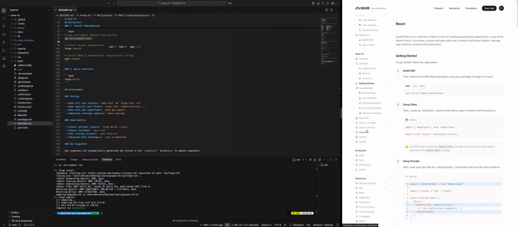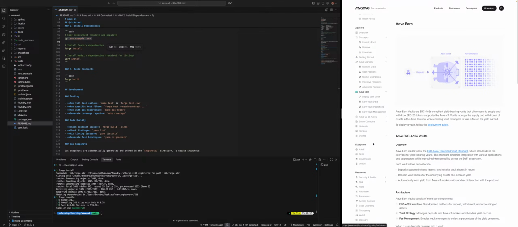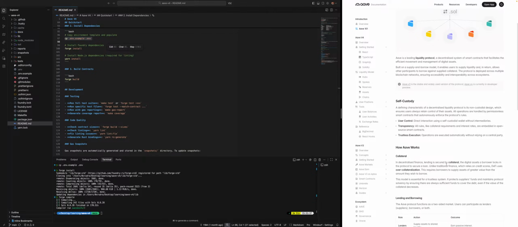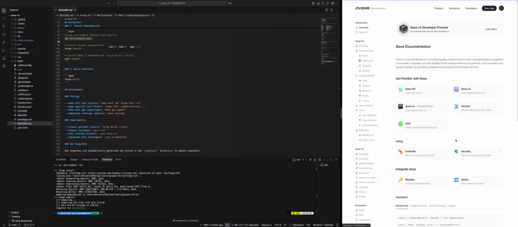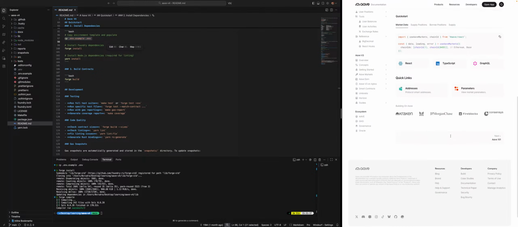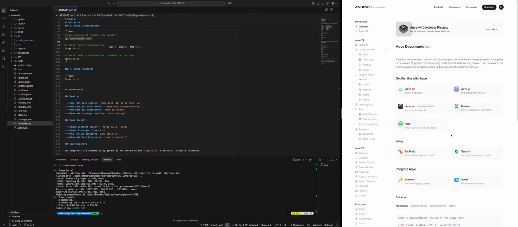It has a liquidation model, getting started. This is interesting. And this is part of Aave Earn. Okay, let's just start at least, and from there we'll see if we need to understand v3 as well.